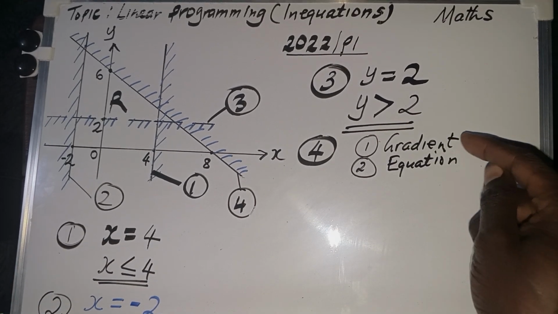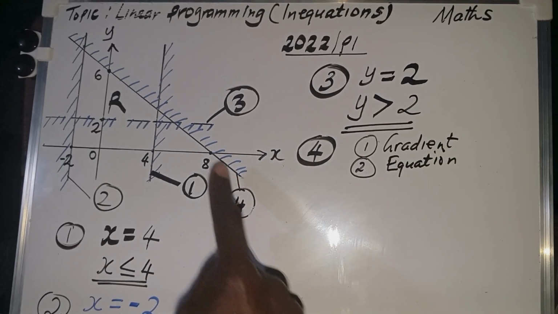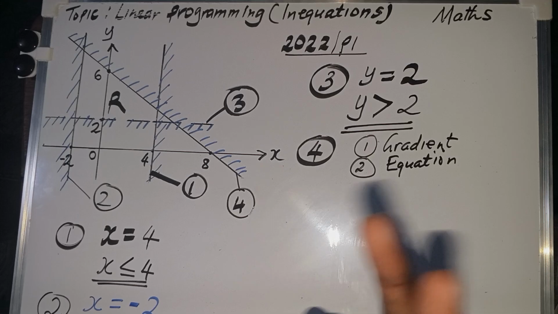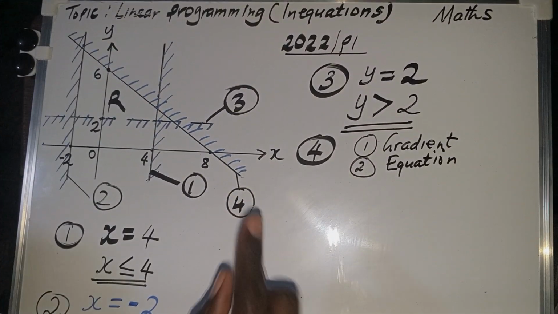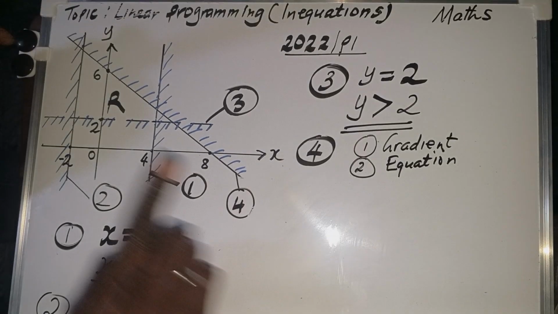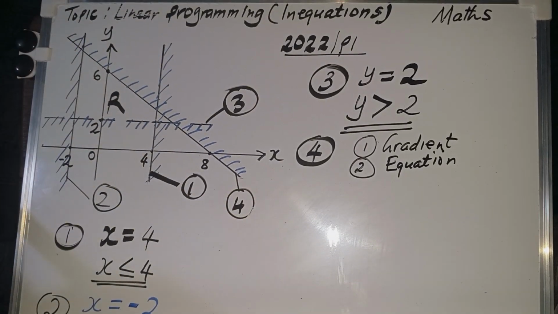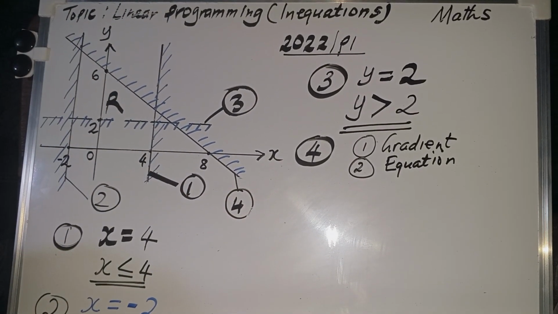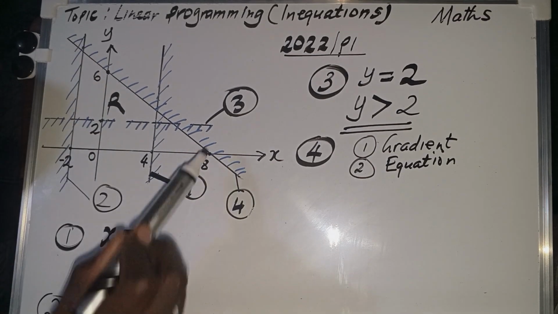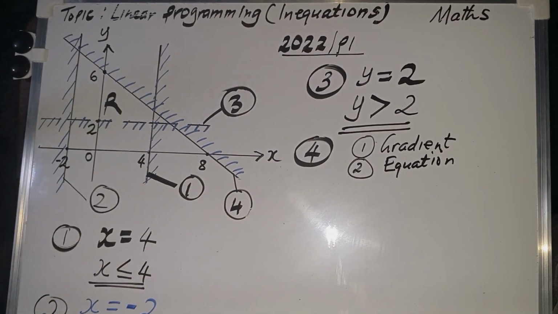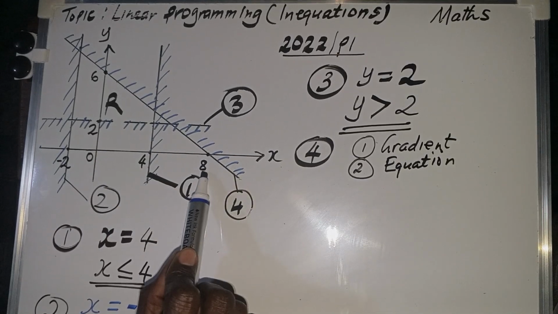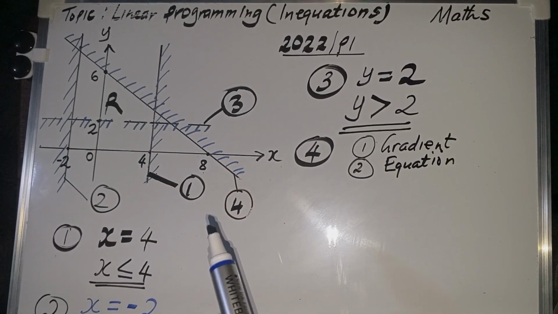Now, in order for you to find the gradient, you first of all need to identify two coordinates where this line is passing. And of course, in the exam, you always see those to be very visible. For example, if I look at this line, I can see this point here. This is where x has moved to 8, but y has not moved.